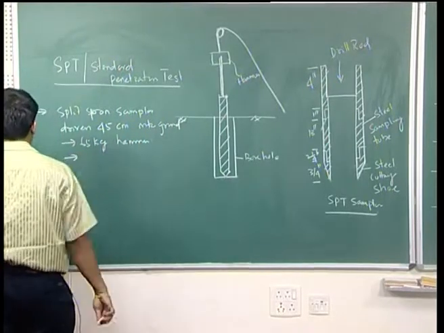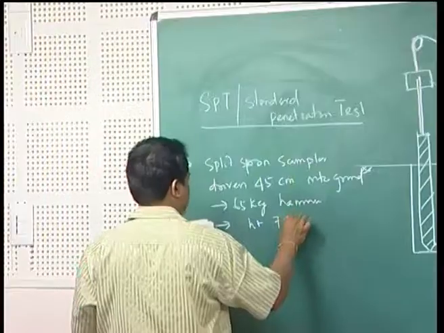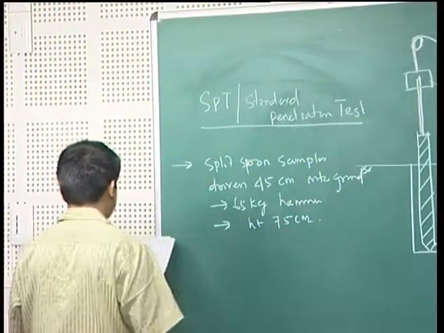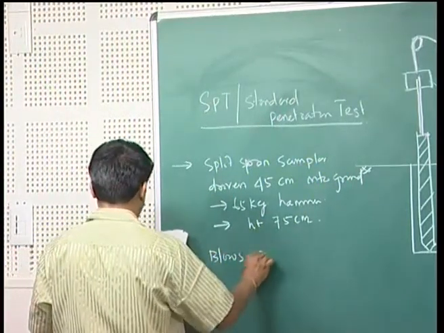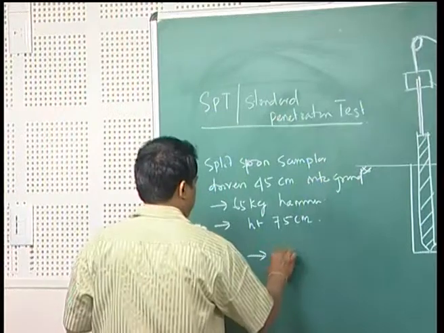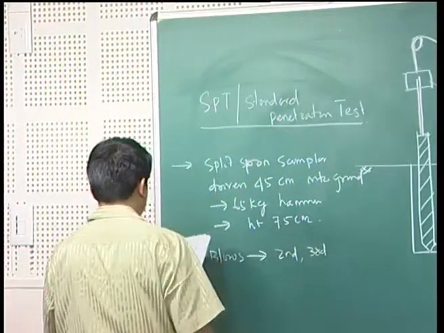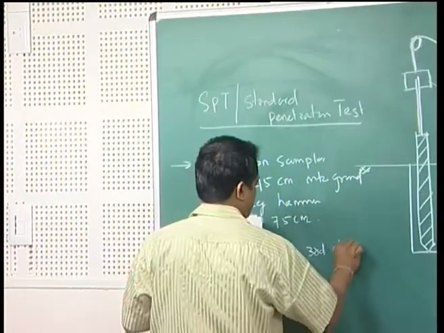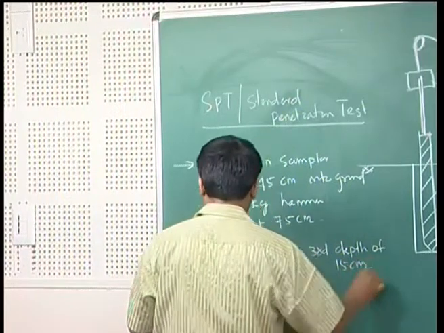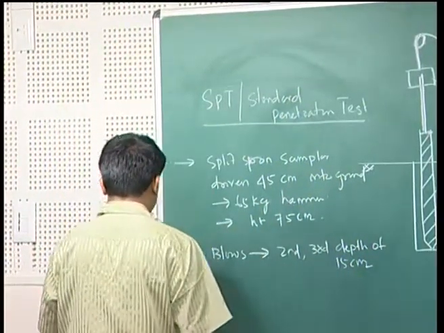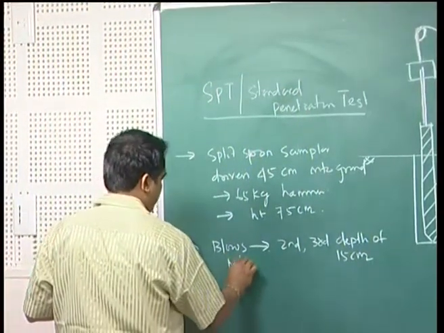Then your falling height is 75 centimeter. Blows for the second and third depth of 15 centimeter. This is called N per 30.